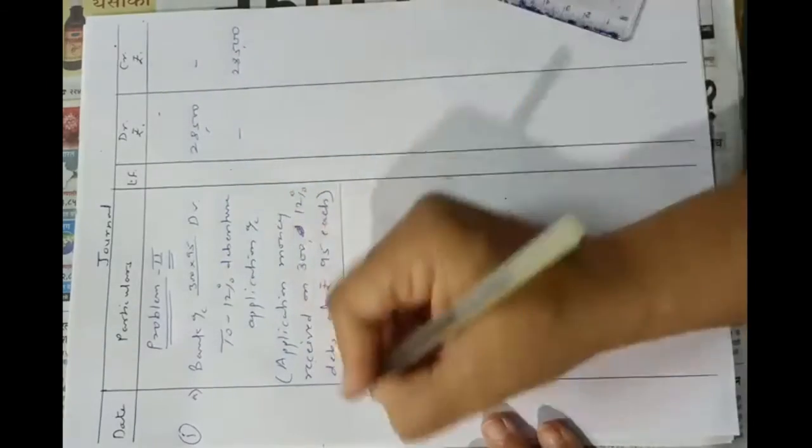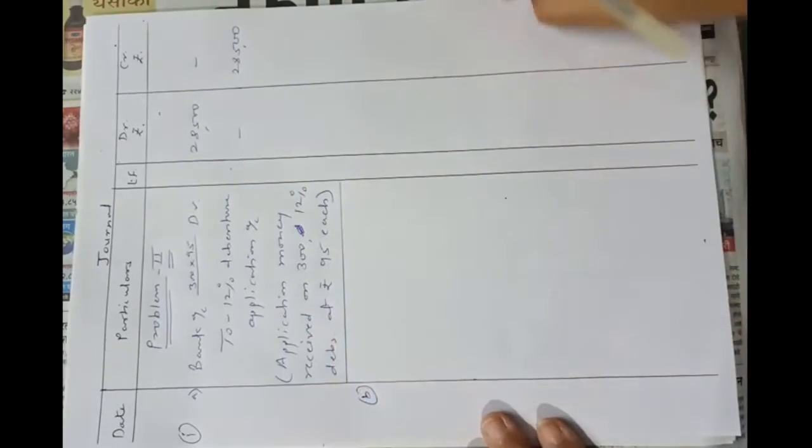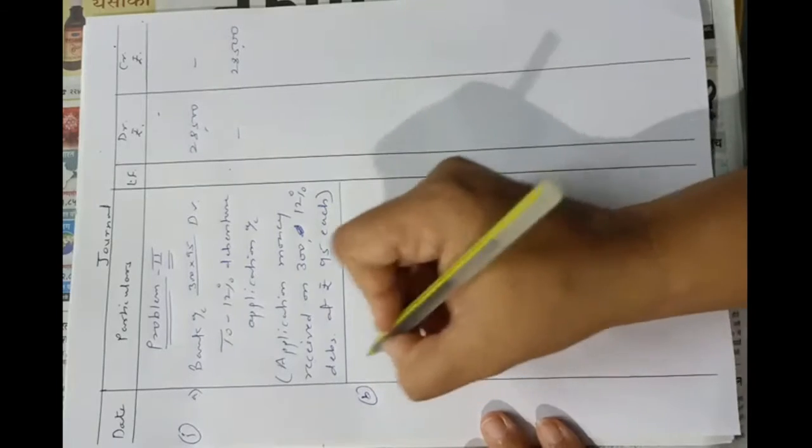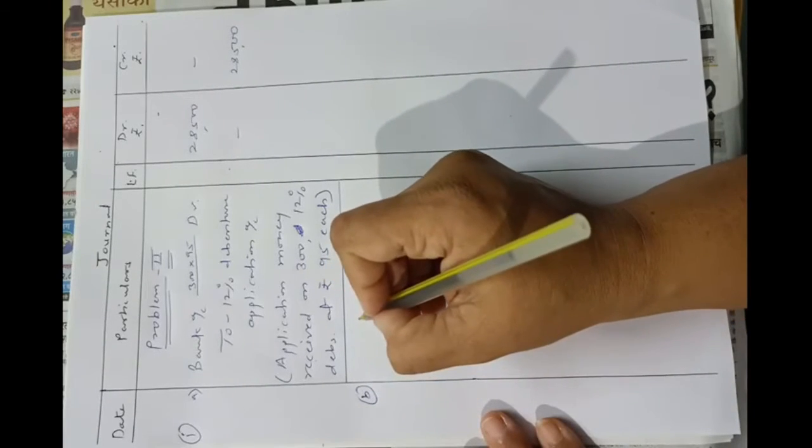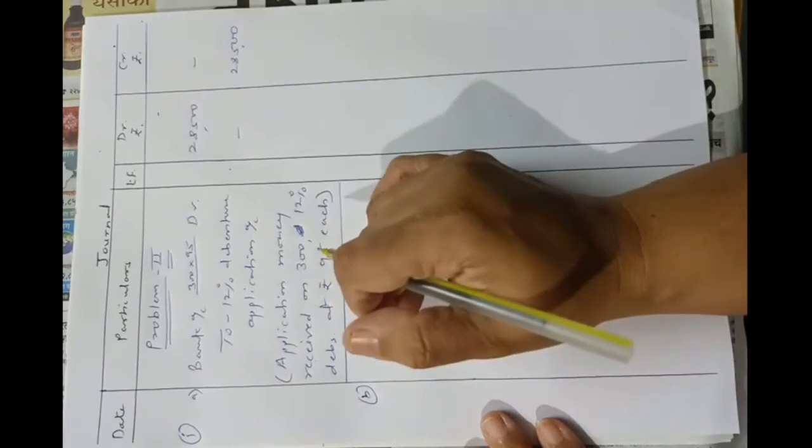And the second entry, that is B in the first condition, will be application money adjusted.